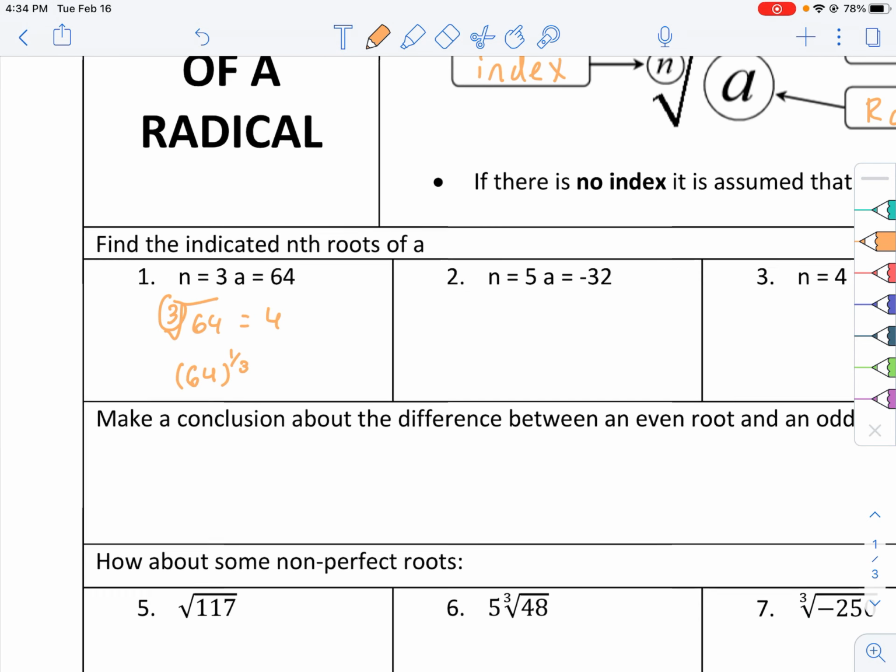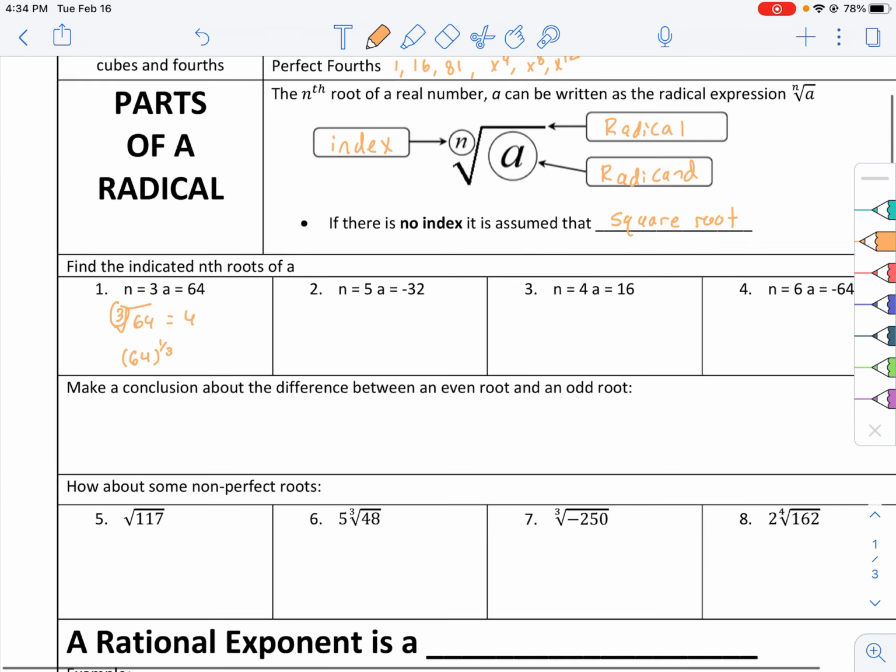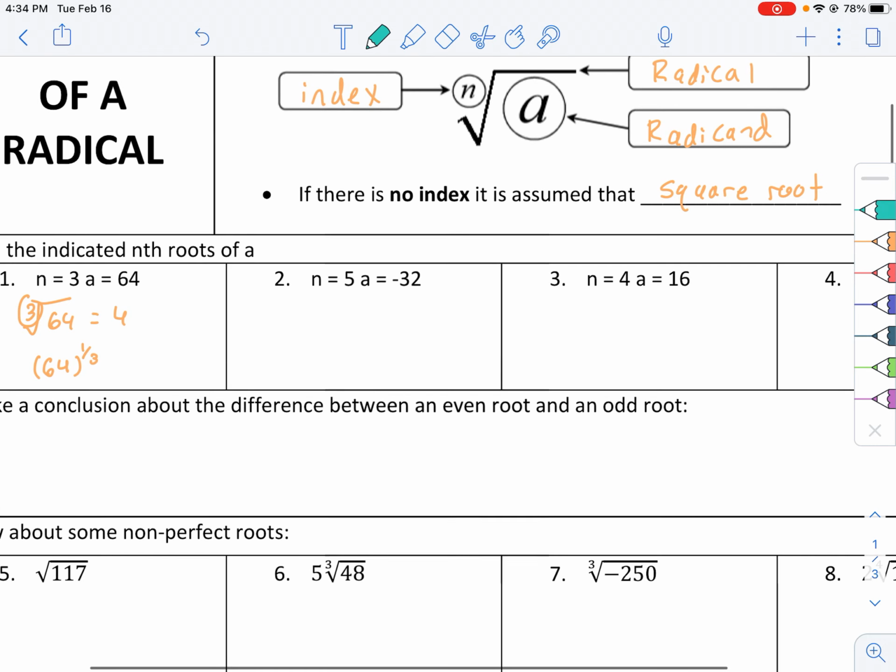That's the same thing as taking the cube root. Same rule will apply with any of these things. So our index is 5, so this is the 5th root of negative 32, which would give us negative 2. Again, you could go into your calculator and say negative 32, raise it to the 1/5 power, and it would give you out negative 2.